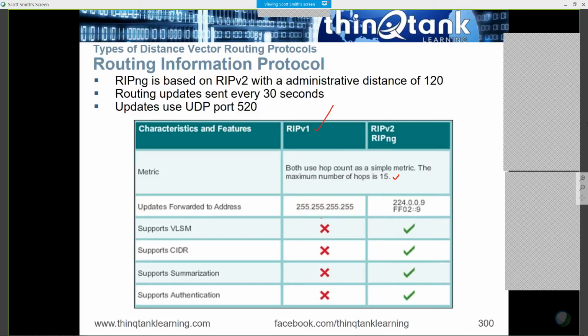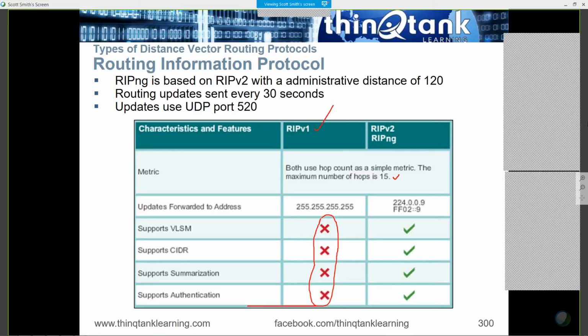We can see why it's crappy, because it doesn't do anything. It doesn't support subnetting, classless routing, summarization, or authentication, and it sends its routing updates using a broadcast address. Whereas RIP version 2 and RIP next generation support VLSM, classless routing, summarization, and authentication.